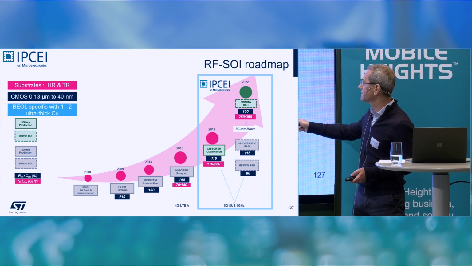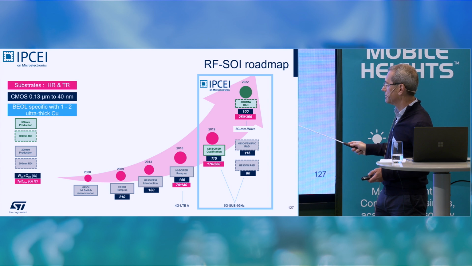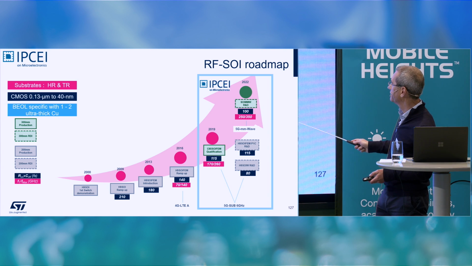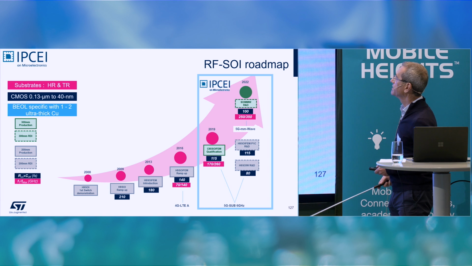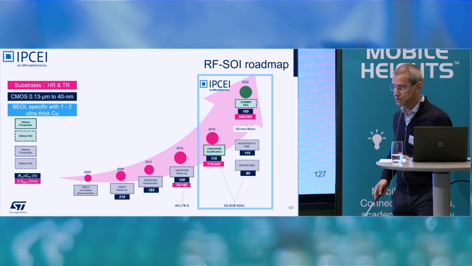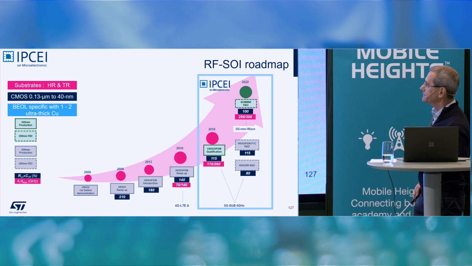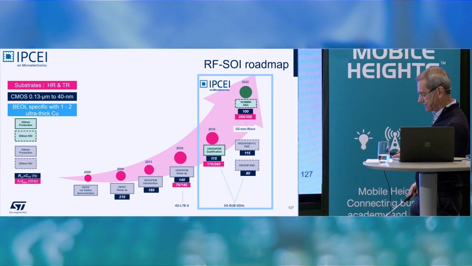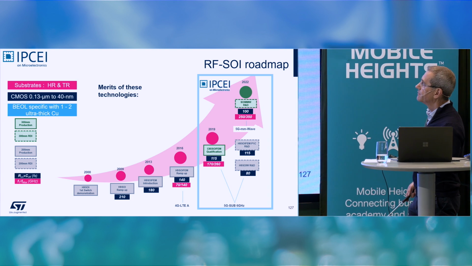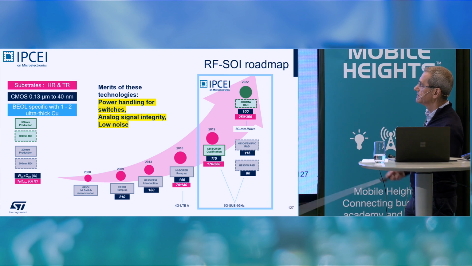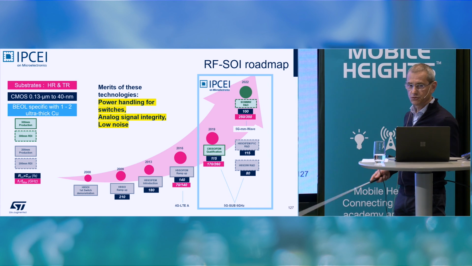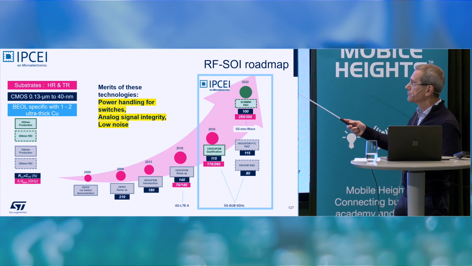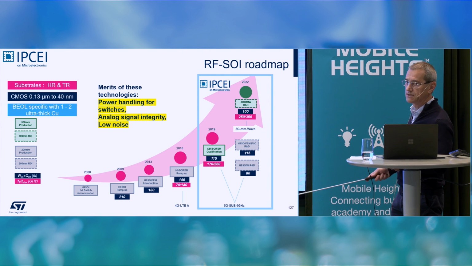You have the frequencies here, you have the Ron Coff values here, so it gives you an idea of the performances of these technologies. So, why choose the RF SOI technology? Merits of these technologies are the switching speed, also the analog signal integrity, the quality of all the analog devices, and the low noise of the technology, important for the signal-to-noise ratio I described before.